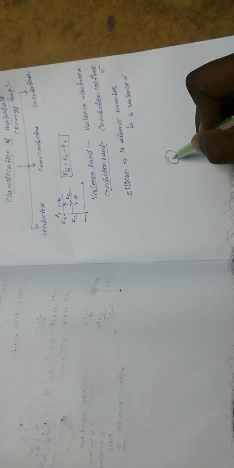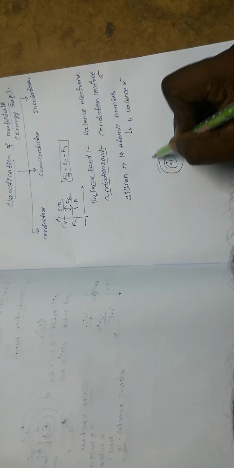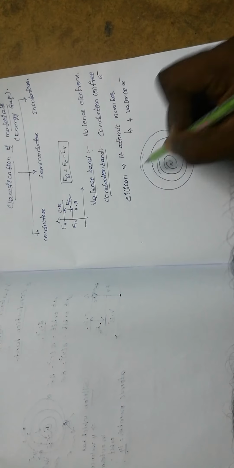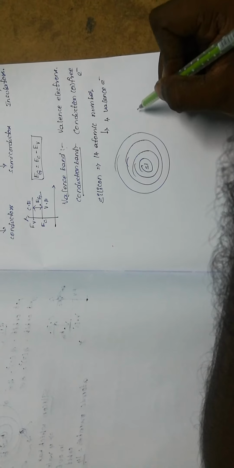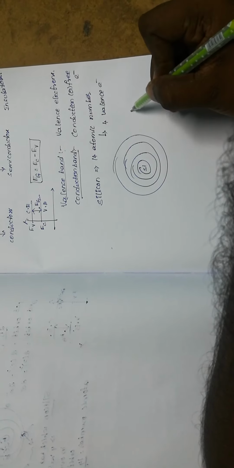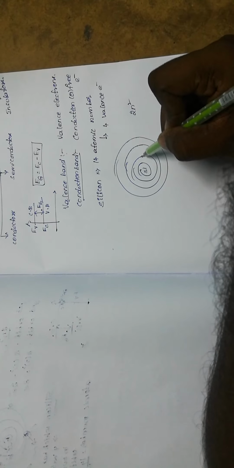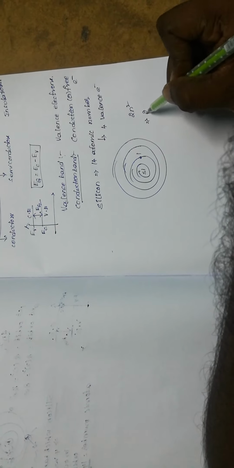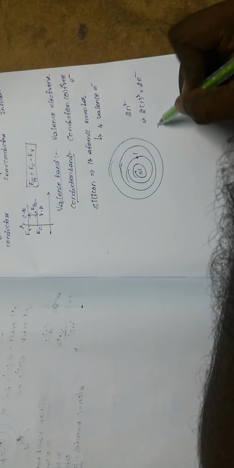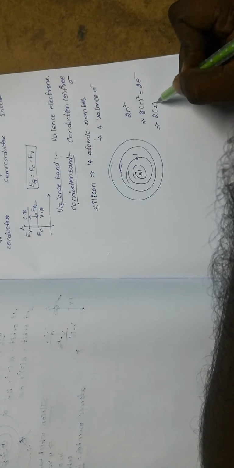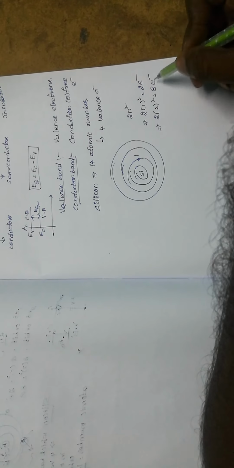If I take its structure, silicon has a first orbit, second orbit and third orbit. Each orbit can hold a number of electrons specified by 2n square. That means the first orbit has 2 into 1 square, that is 2 electrons. Similarly, the second orbit has 2 into 2 square, that is 8 electrons.